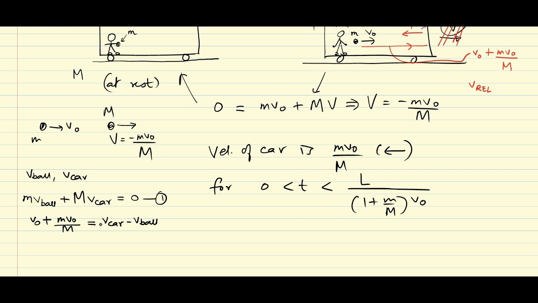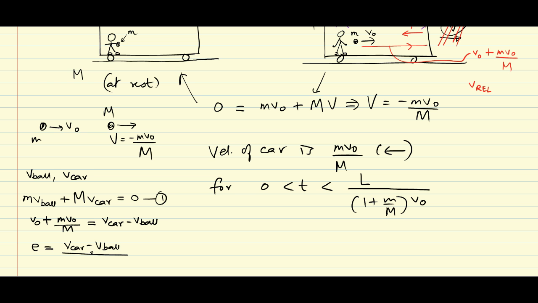How come you know it's v car minus v ball and not v ball minus v car? It's very simple actually. The coefficient of restitution, we have already defined it as follows: the relative speed of separation upon approach. So supposing I take v car minus v ball in the numerator, then in the denominator I have to invert the terms.